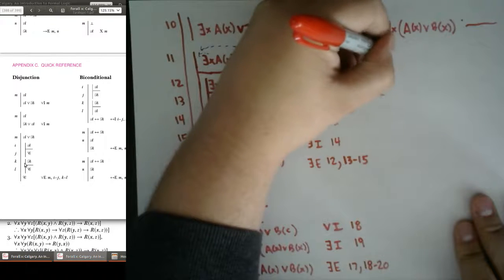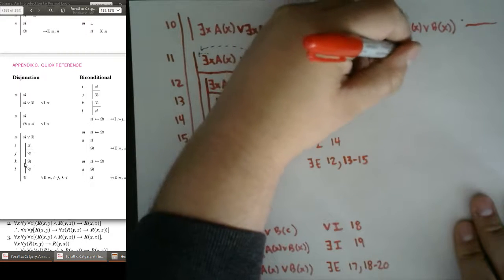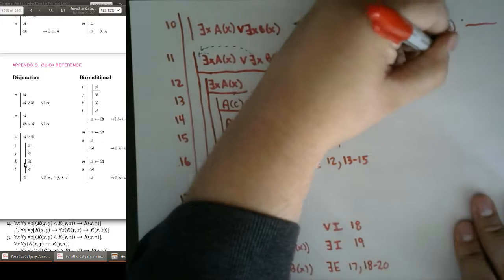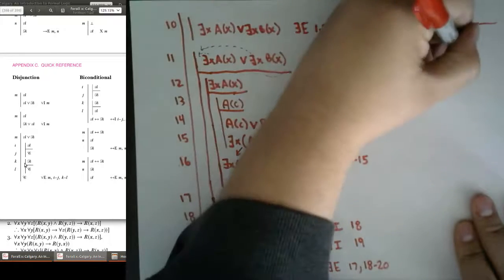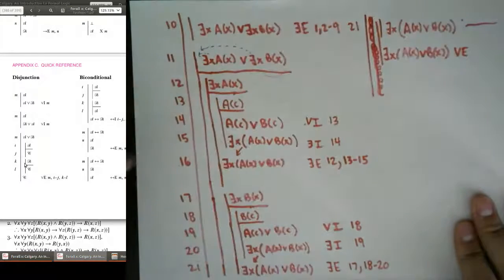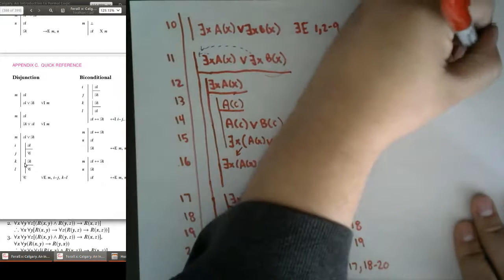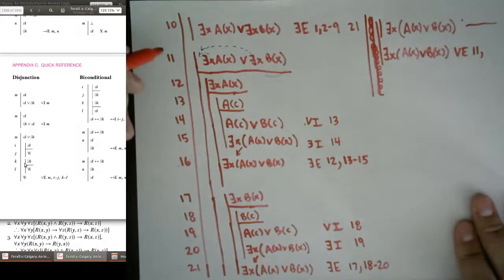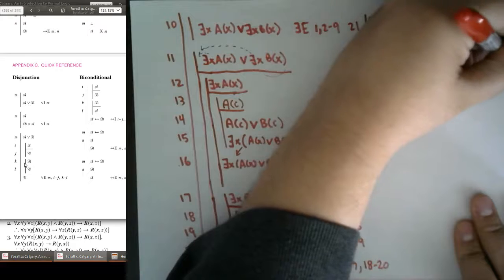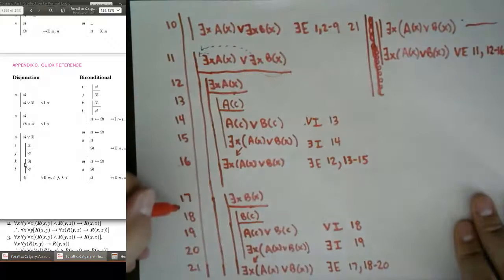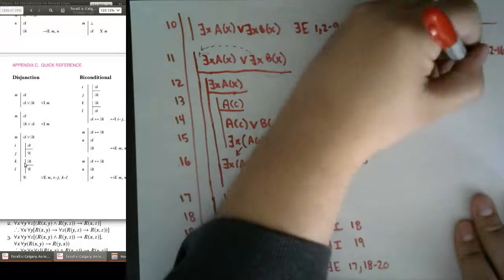So I can now say there exists x, Ax or Bx, and that's OR elimination. And I have the OR from line 11. I have the subproof from 12 to 16, and I have the subproof from 17 through 21.